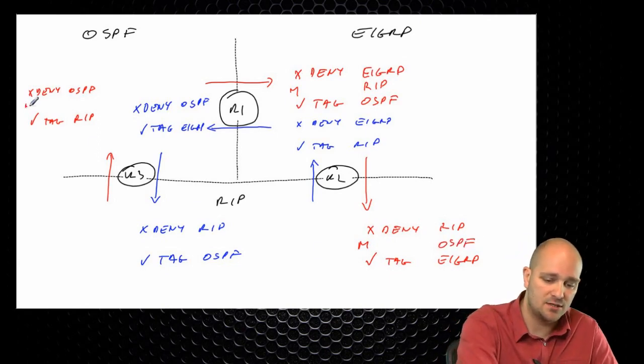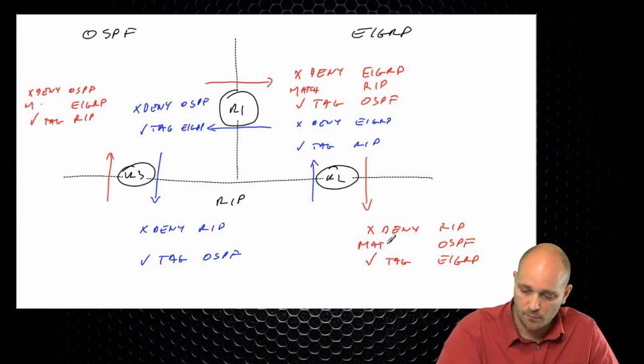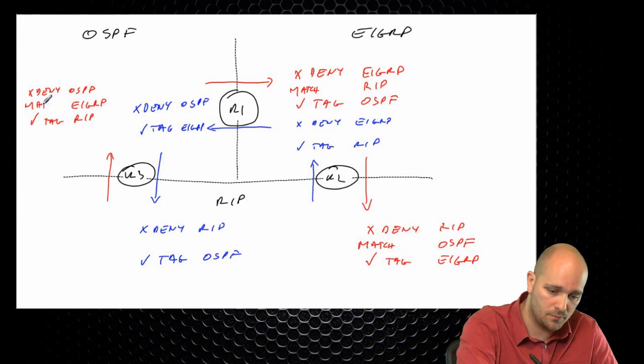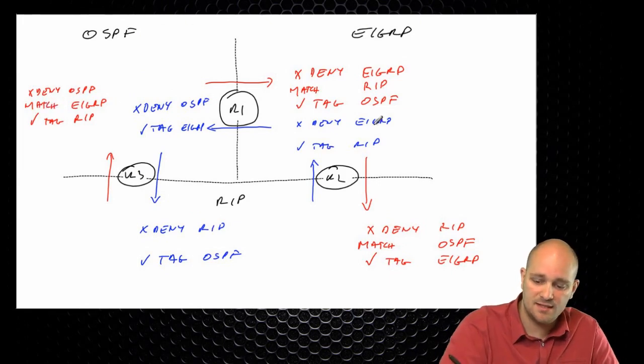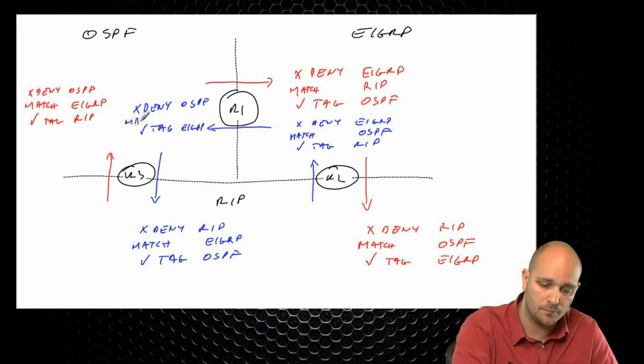In this case, it's going to be match EIGRP. And in this case here, it will be OSPF. And in this case here, it will be EIGRP. And in this case here, it will be match RIP.